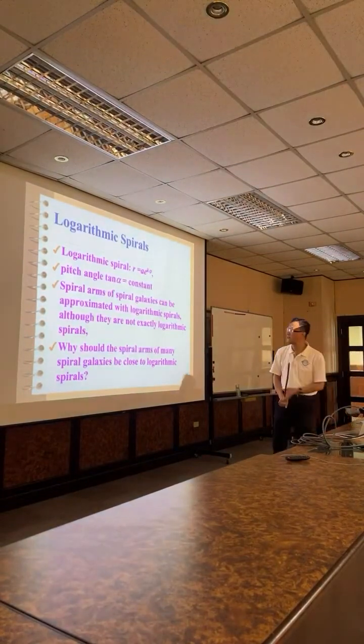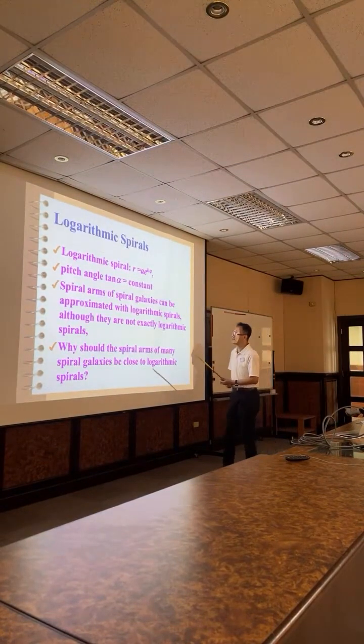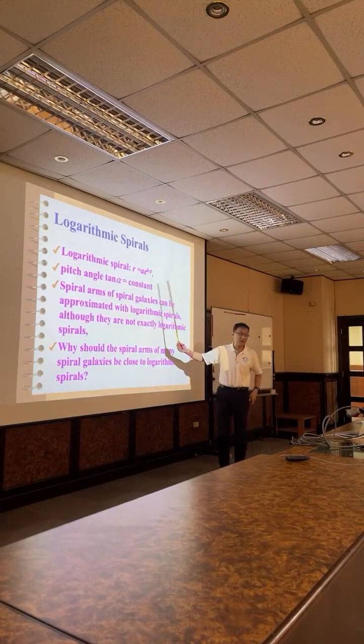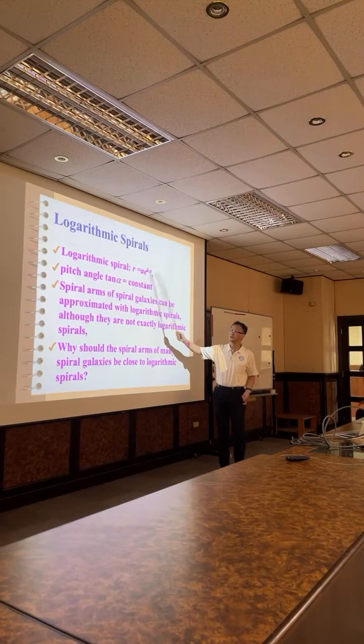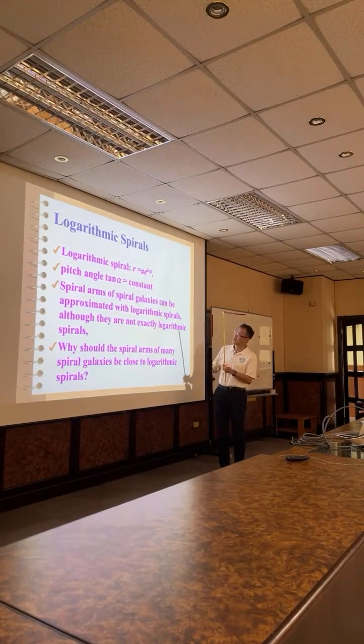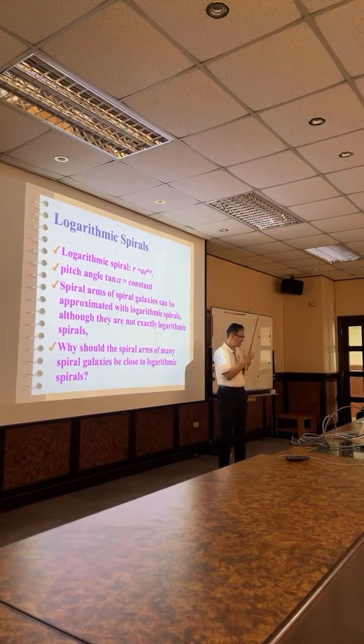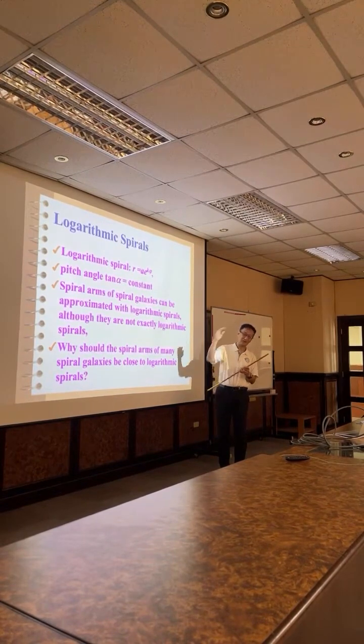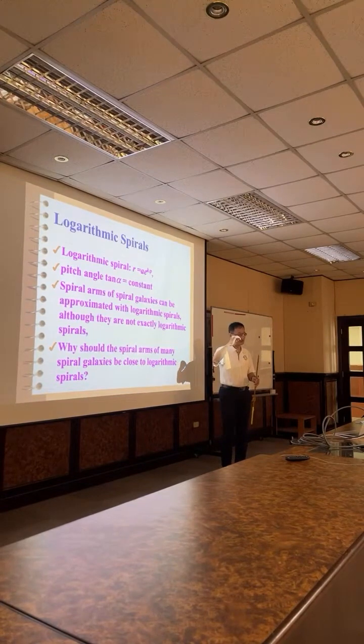First of all, what is a logarithmic spiral? It is defined by an equation. The pitch angle is constant. If we plot a circle crossing the spiral, the angle between the circle and the spiral is the pitch angle.